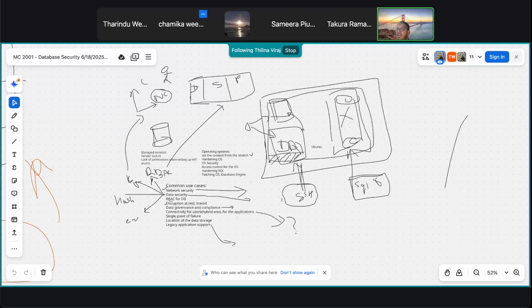And hardening the operating system: again, if you try to set this up from scratch, that part is there, and you have to be worried about it. How you are going to harden this operating system is going to be the biggest concern, the biggest challenge that you will face in setting up. And that comes with operating system security as well.